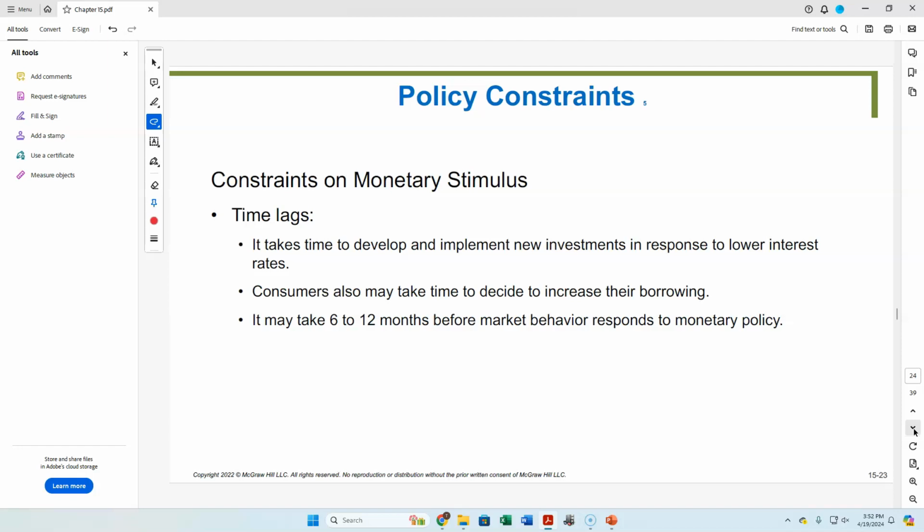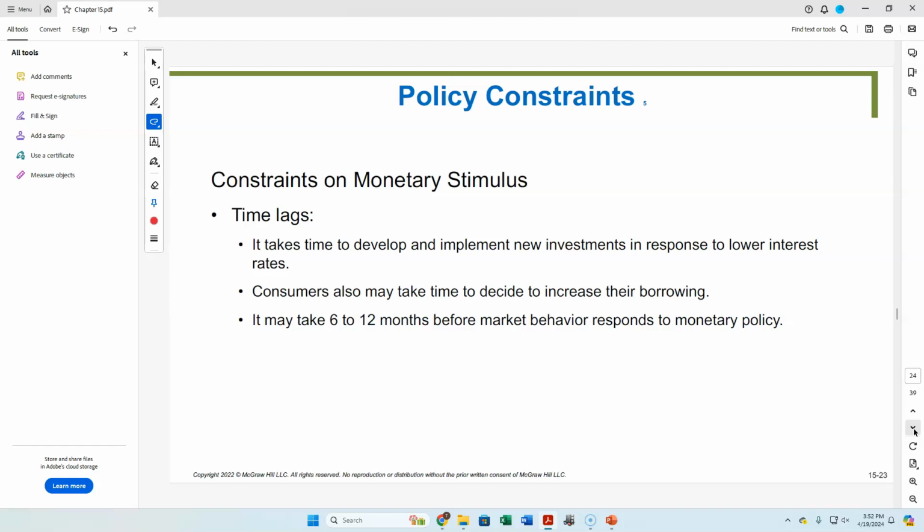The other problem that comes in using monetary policy to stimulate the economy is that it takes a while. Even if I just look at my own personal example, you see the depths of COVID really starting to rise in March of 2020.